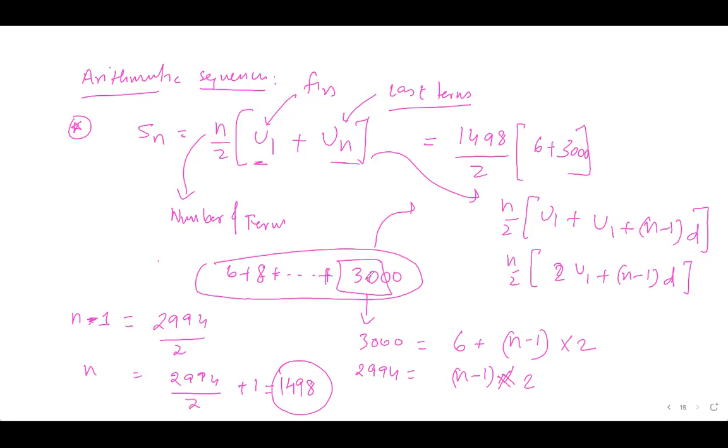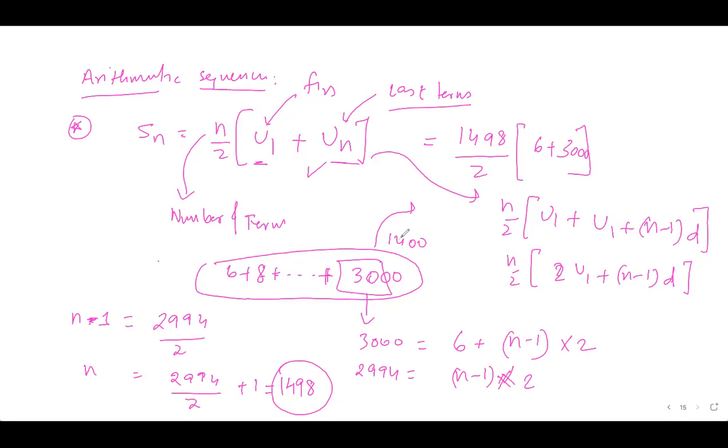Now here, for example, we had the last term, so we could use the first formula. But sometimes they'll say, find the sum of the first 1400 terms of the sequence. So you can just straight away put the values in this formula. I don't need the last term in that case.